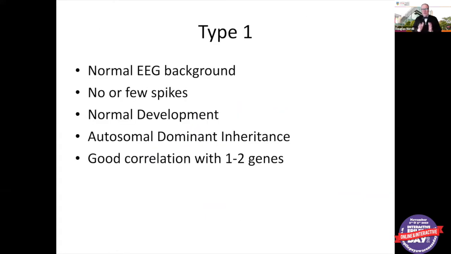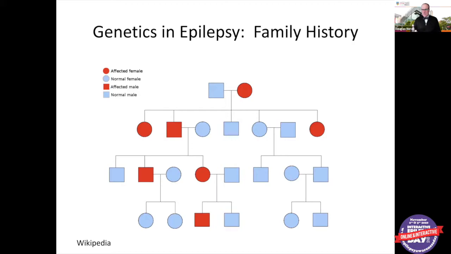So the first type of epilepsy, I'm not going to spend a lot of time on because these are rare, but these are epilepsies where the background is normal and there's very few spikes, and they are driven by a gene that's expressed in a dominant fashion through the various generations. It might look like this, for example.